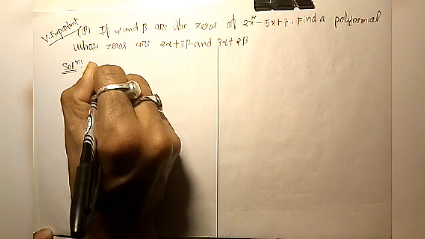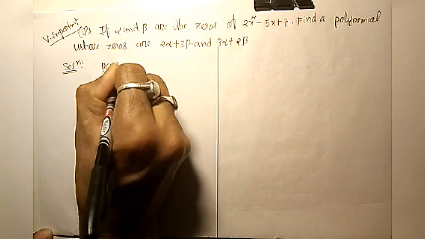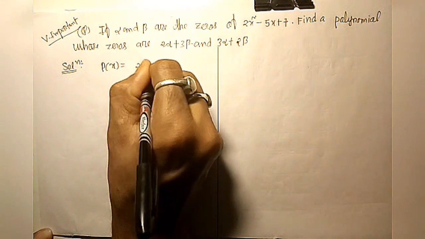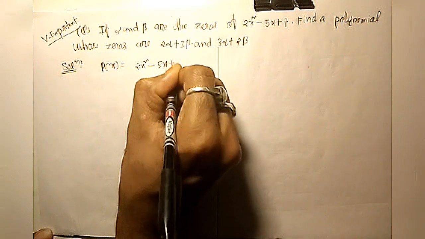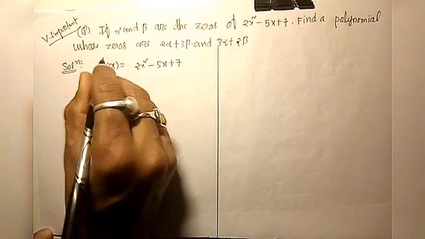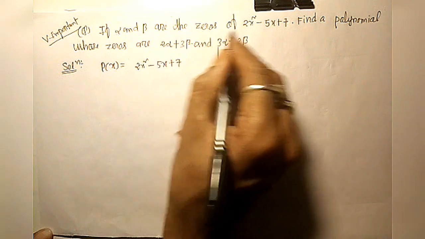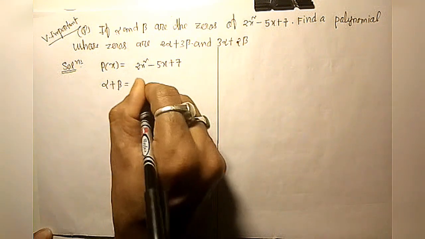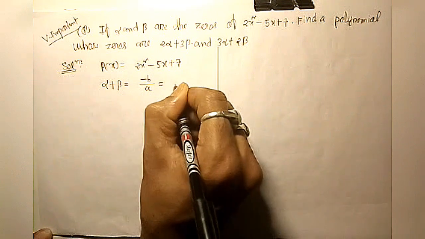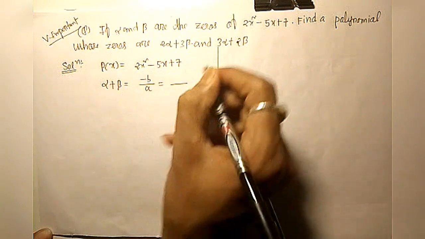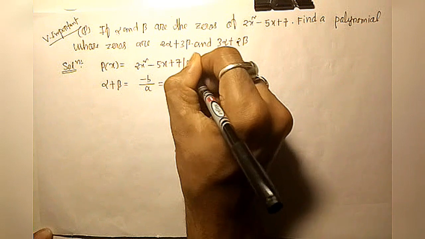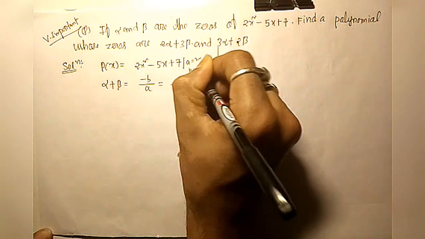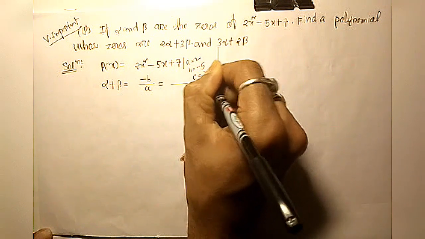So alpha and beta are the zeros of the polynomial. Here the polynomial is given: p(x) equals 2x square minus 5x plus 7. Alpha and beta are the two zeros. So alpha plus beta equals minus b by a. In the given polynomial a equals 2, b equals minus 5 and c equals 7.